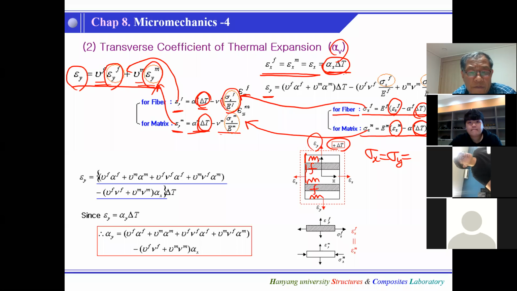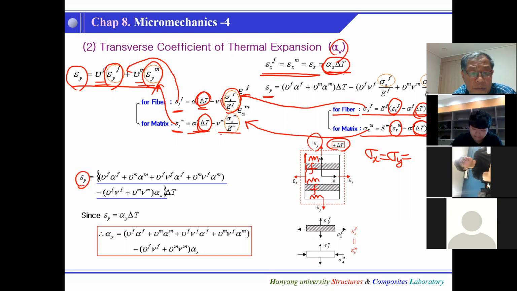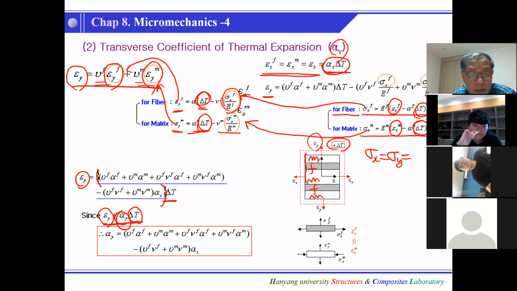And now, finally, we would have the EY in the y direction in terms of delta T. This is multiplied by delta T, and by definition of the CTE, we have EY over delta T. This is the definition of a CTE in y direction. So this is the CTE.